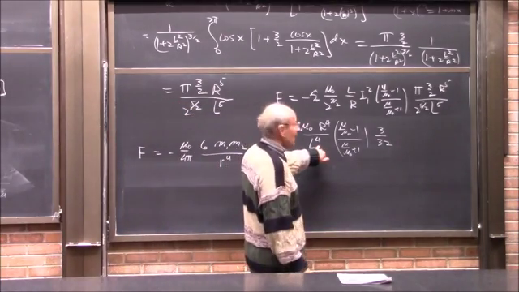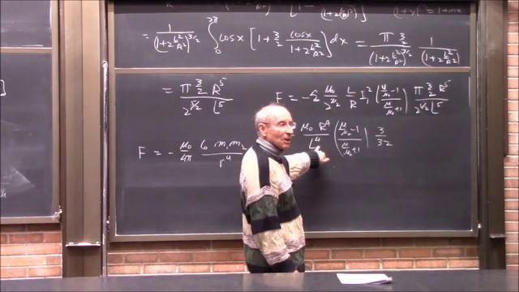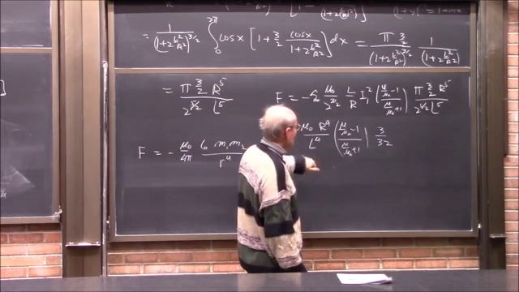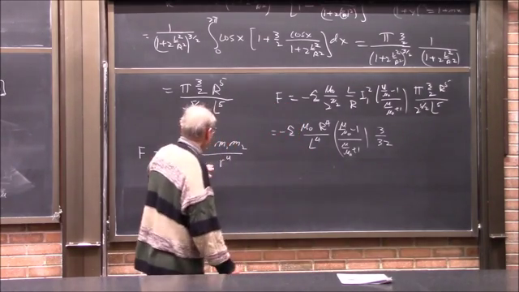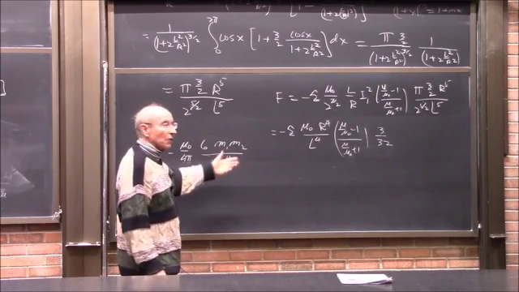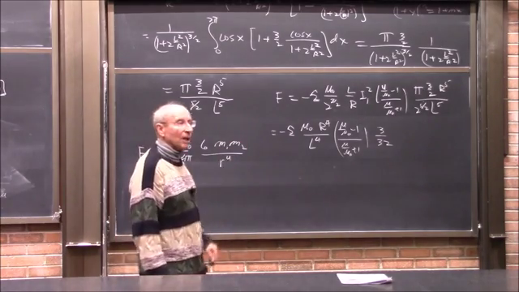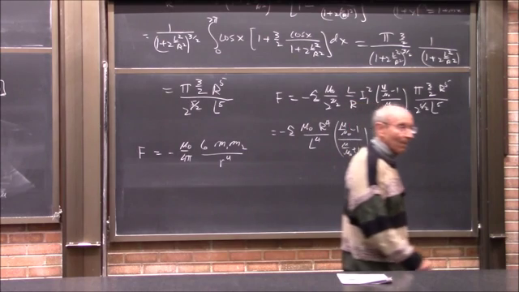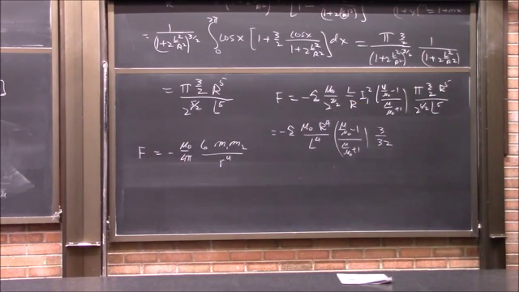Now, L is the distance between them, with a 2 in here. And if you put in our values for M1 and M2, it will match exactly. So that we have a check that we've done everything correctly, that it reduces to the proper limits. And I worked that all out in the notes for you.